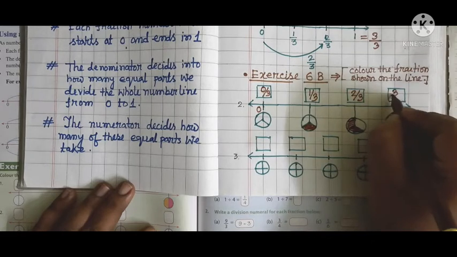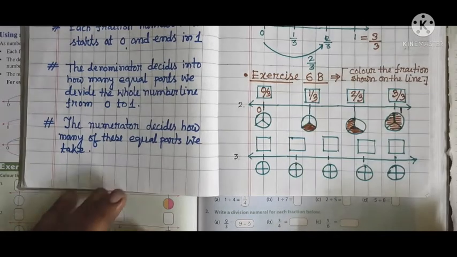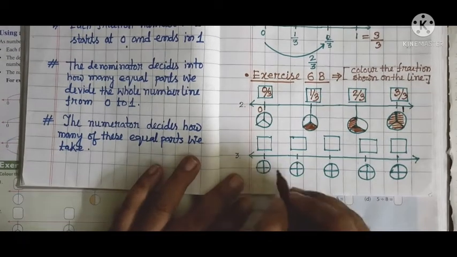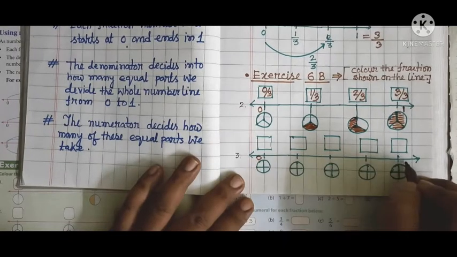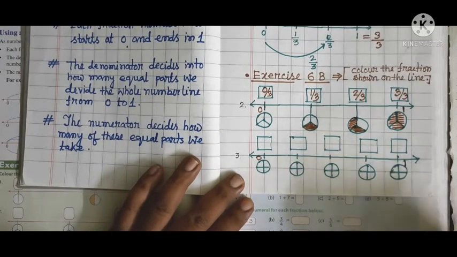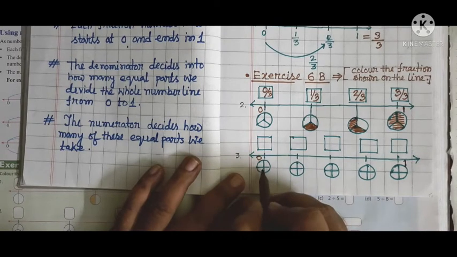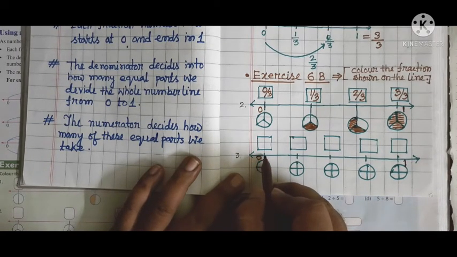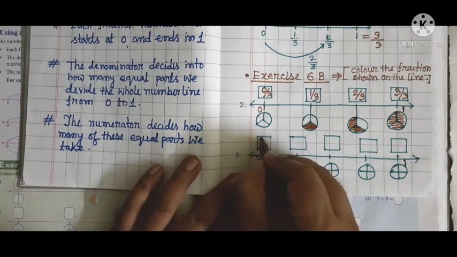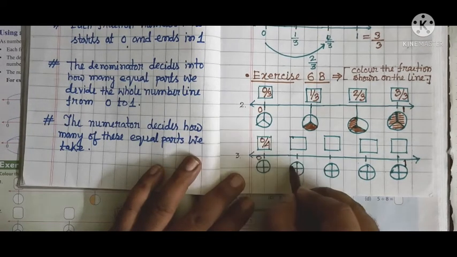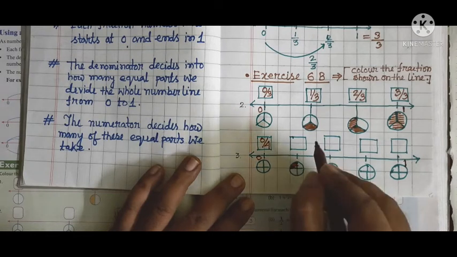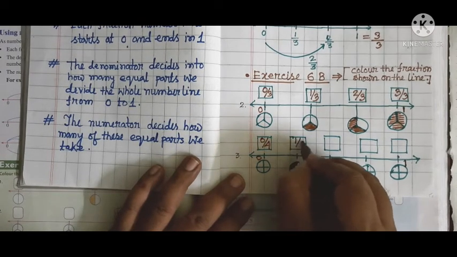At last all the portions are shaded, so it will be 3 by 3. Next, here you can see the whole part is divided into 4 equal parts, on a number line from 0 to 1. At the first part, 0, no portion is shaded, therefore it will be 0 by 4. Next portion, one part shaded, it will be 1 by 4.